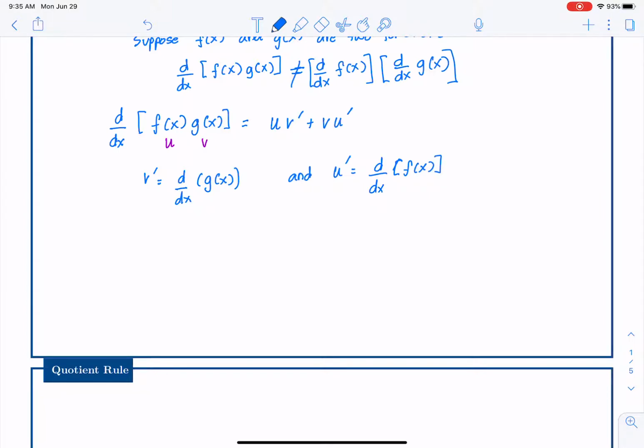And this simple rule is what we call the product rule.